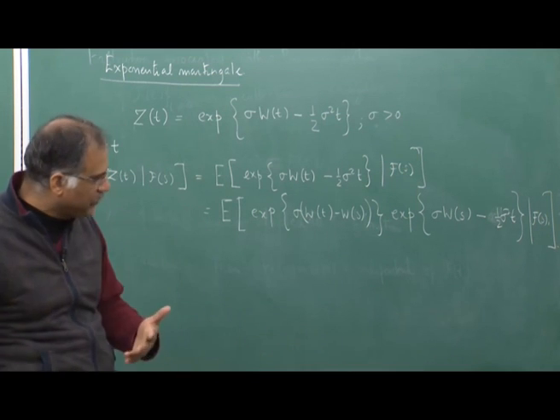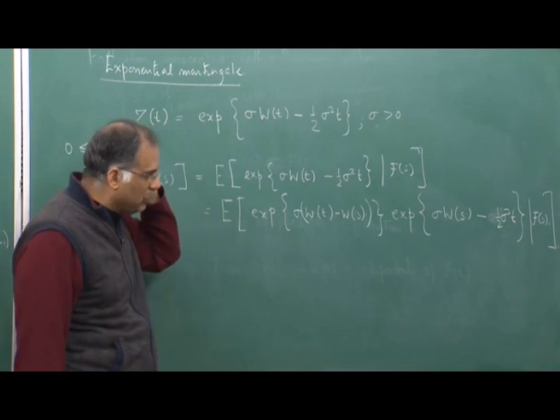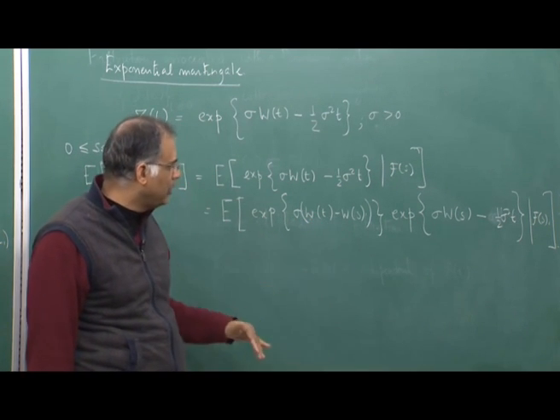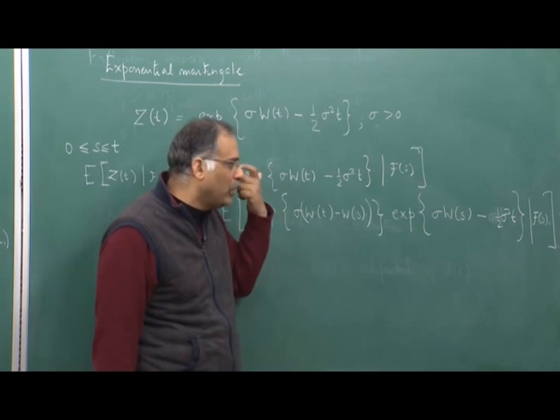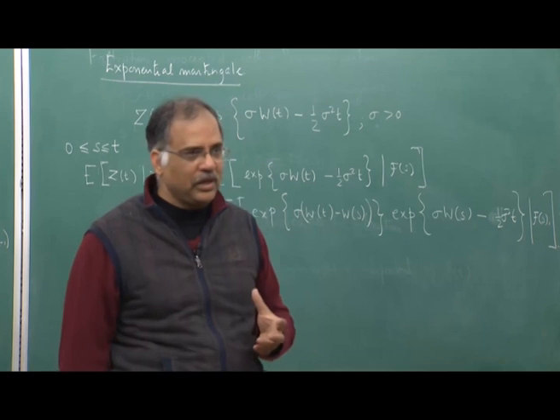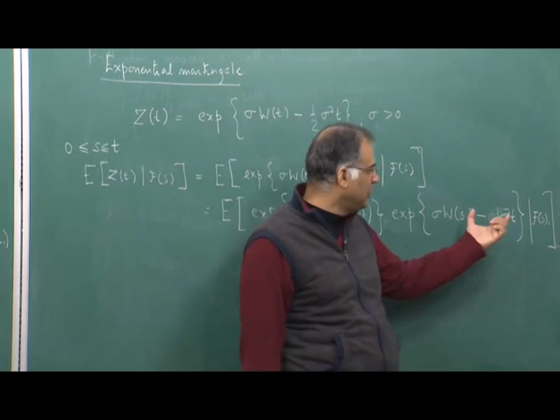Now it will be left to the reader to decide. Of course there are certain little technical issues I am not getting into, but it is clear what the meaning of integrability of a random variable is. Integrability means that the expectation is finite. The expectation of this is finite, this is finite.